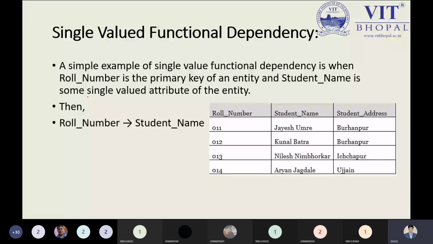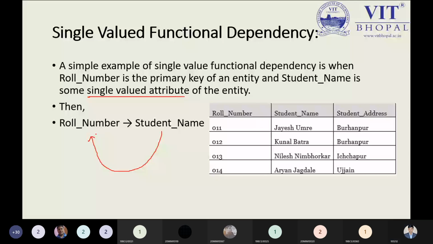It means student name depends on the roll number, and is this non-trivial or trivial? Non-trivial. Yes, good. This is non-trivial, but in the single valued functional dependency, we are opting for a single value. We are not using a set of attributes.